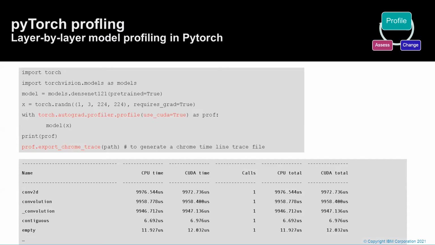PyTorch also provides its own profiling options, where you can actually see the consumption of the different Python CUDA kernels inside the GPU. And it's pretty nice when you want to profile the activity of the GPU with PyTorch.